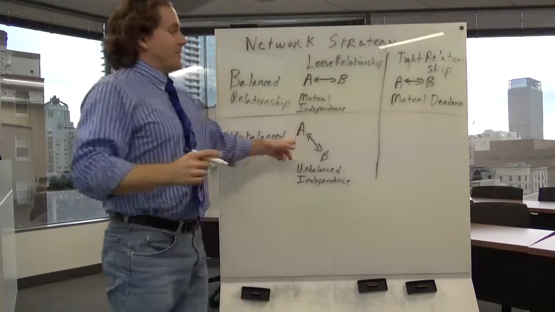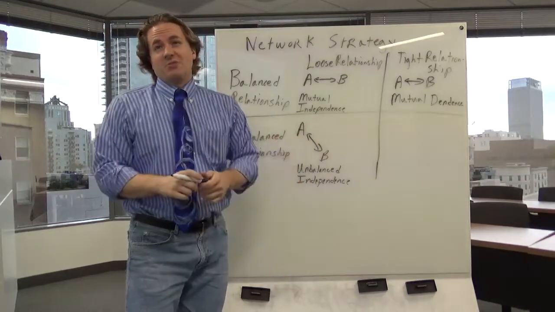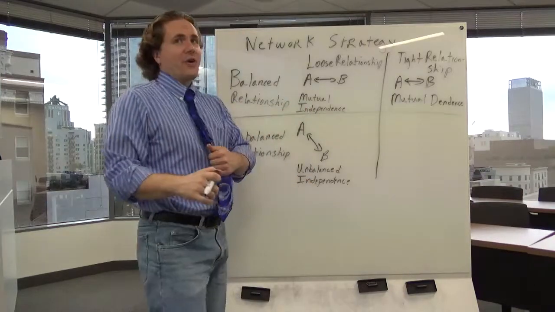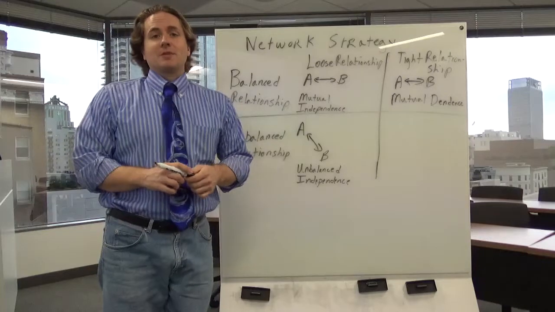Where one firm clearly is in a position of power over another, and they could dictate the terms of exchange. Again, you'd still find kind of arm's length relationships. It's just a matter of discrepancy of power.